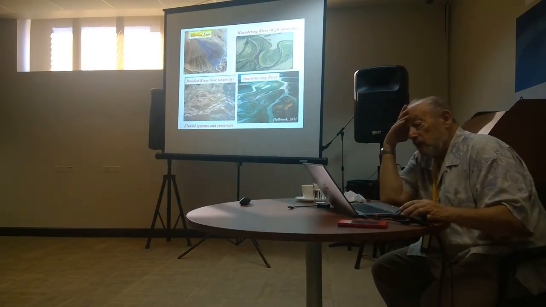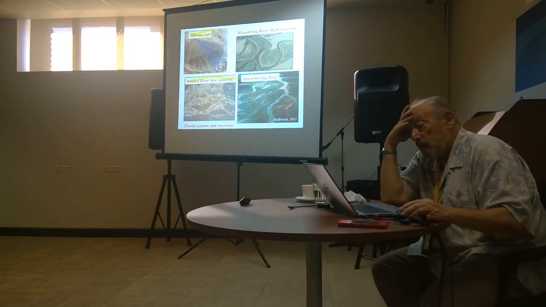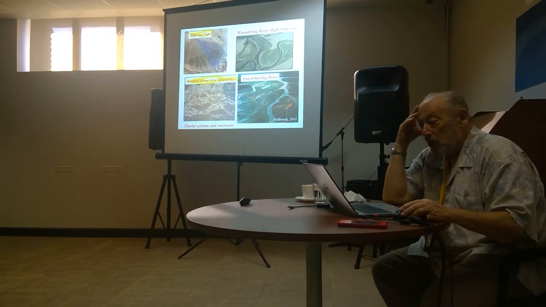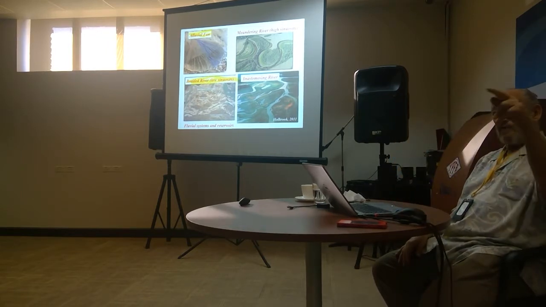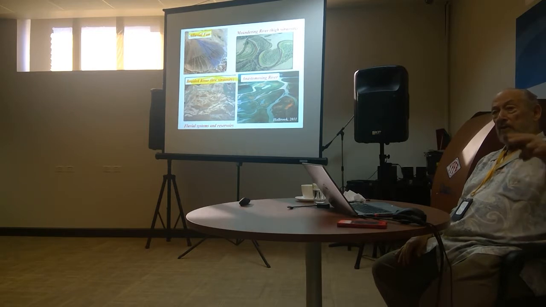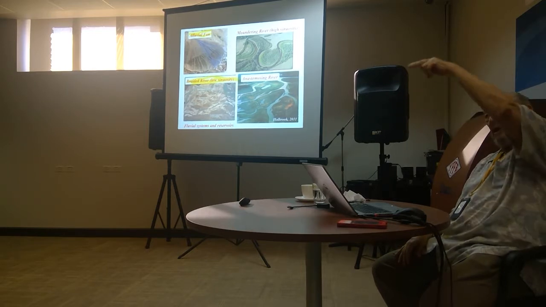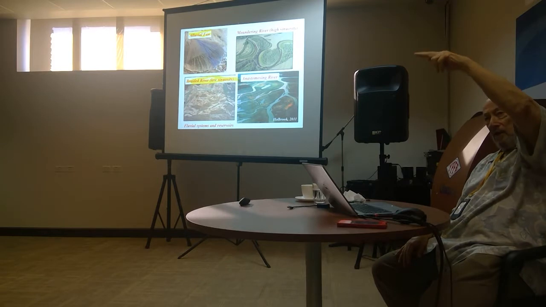So moving down, braided river deposit. We often call these low sinuosity because the sinuosity is very low. In meandering rivers, you get very high sinuosity, we call it.